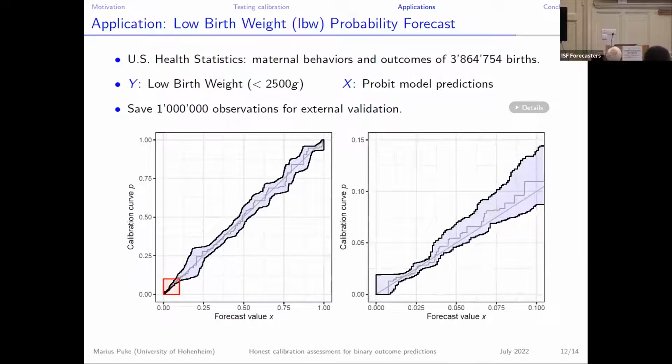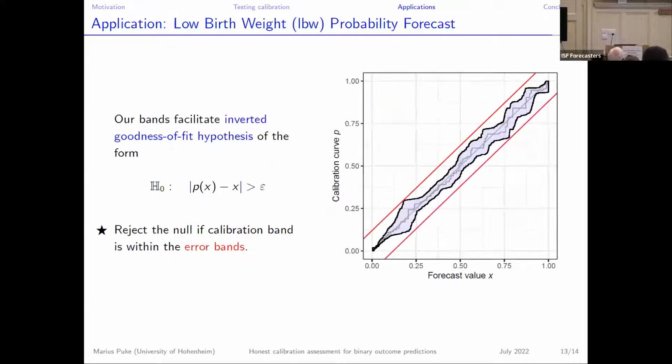Also in this area that might seem a little bit tight at first, if we zoom in, we also see that we are capturing that diagonal line for all the values on the x-axis. So we are able to show that we are well calibrated. And this is what you could do with this procedure. Of course, if your model would not be calibrated, you can simply show that functional form of miscalibration. But I would not do so here in regard of the time constraint.